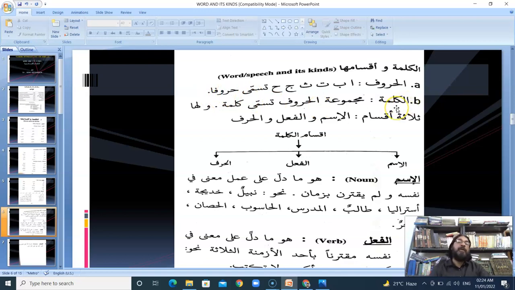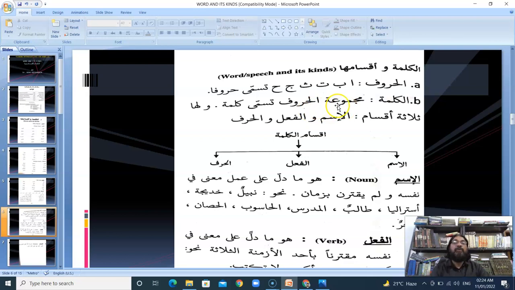Al-kalimatu, what is kalima? What is word? The definition is majmu'atul hurufi tusamma kalimatan. Majmu'atul huruf, group of letters. If you combine alif, ba, ta, or ta, sa, jim, like that, it will be called majmu'atul huruf.